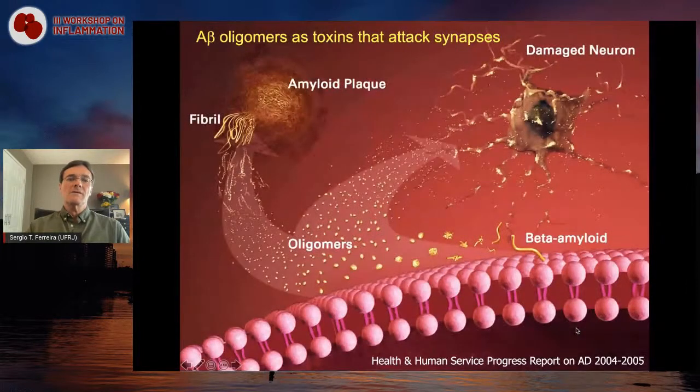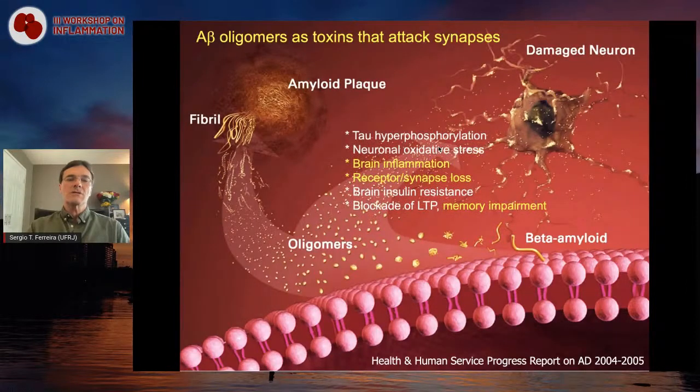So the main topic of my lab has been the investigation of these oligomers, these small aggregates formed by the peptide beta amyloid, and these oligomers attack neurons. And many labs around the world, including my own lab, have shown that oligomers trigger a number of key pathological features of Alzheimer's disease, including tau hyperphosphorylation and brain oxidative stress, which are really hallmarks of AD neuropathology.